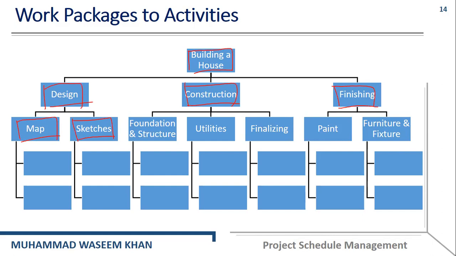The map is again divided into different activities, and similarly sketching is divided into different activities. If we move toward construction, then foundation and structure, utilities, and finalizing are the basic components of construction that are further divided into other components, so that we can easily manage this particular project.